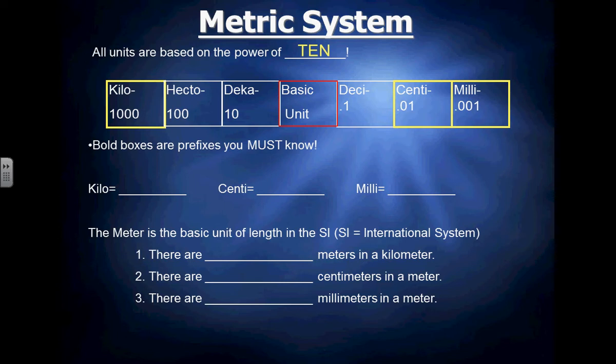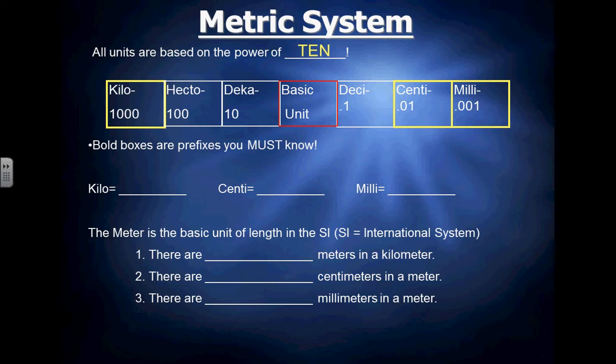So that makes conversion from one unit to another very convenient in the metric system. Much easier than it is to convert inches to feet, or to convert ounces to pounds that we do in the English system.